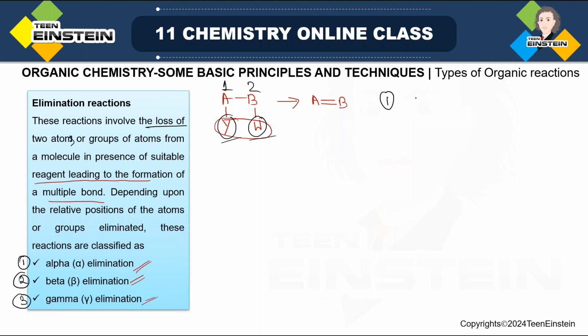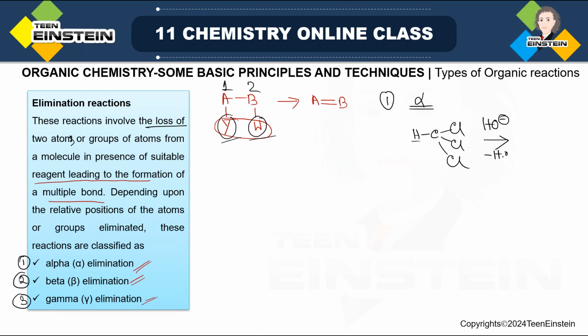So number 1, 2 and 3. For number 1, that is alpha elimination, we will take a very common example, which is CHCl3. In chloroform, what happens? This H is very acidic in nature because of these 3 electron-withdrawing groups. Now if you treat it with some basic reagent, what will happen?